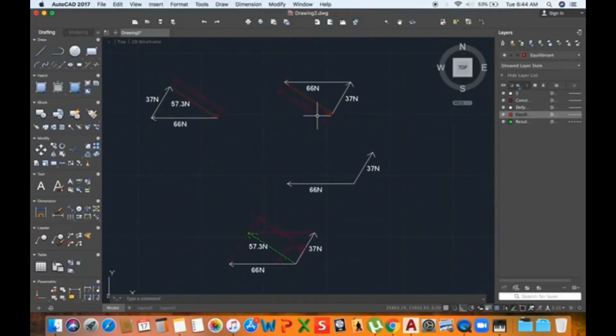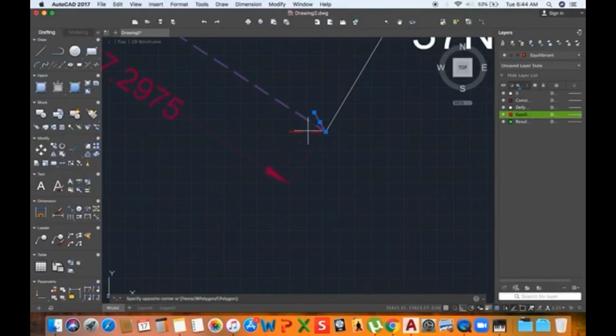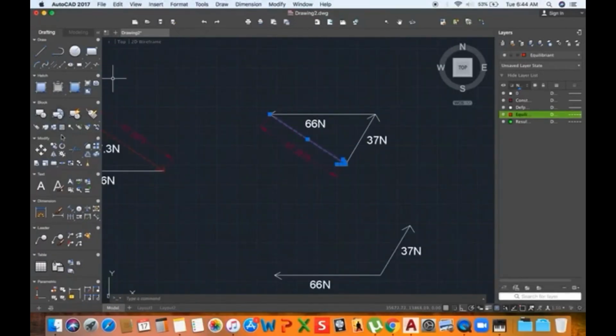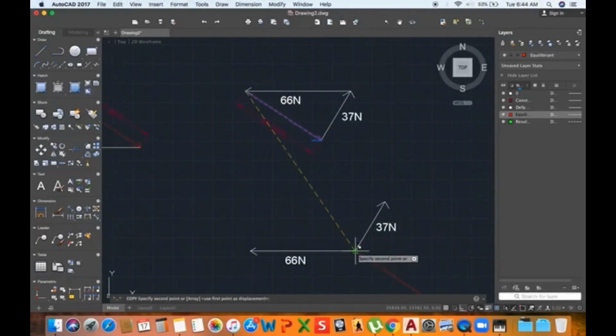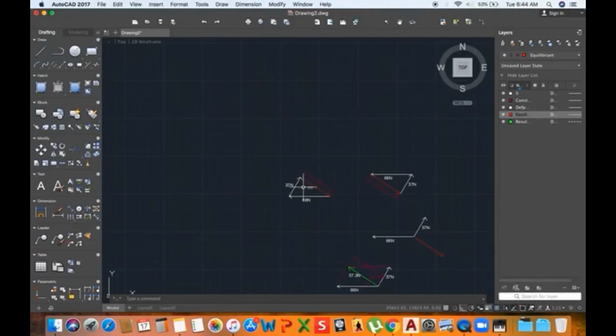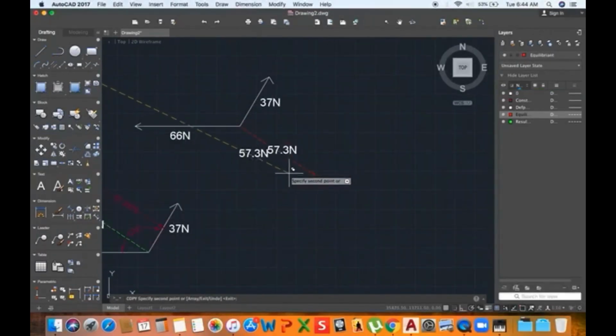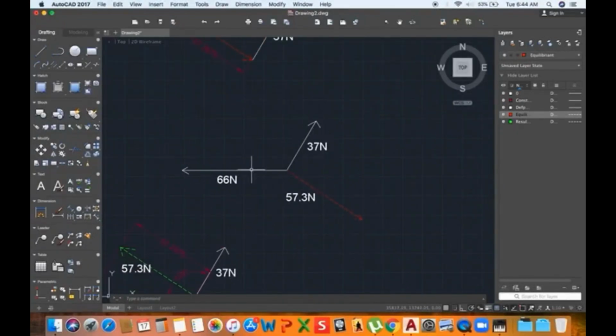If there was a third force to begin with, which was like this, from the get-go, this body would have been in a state of equilibrium, because these two forces would have given a resultant force in this direction, and then this force would have cancelled it out initially.